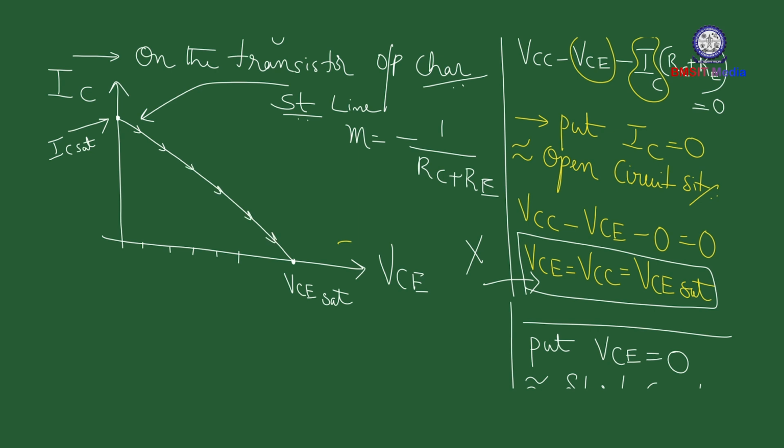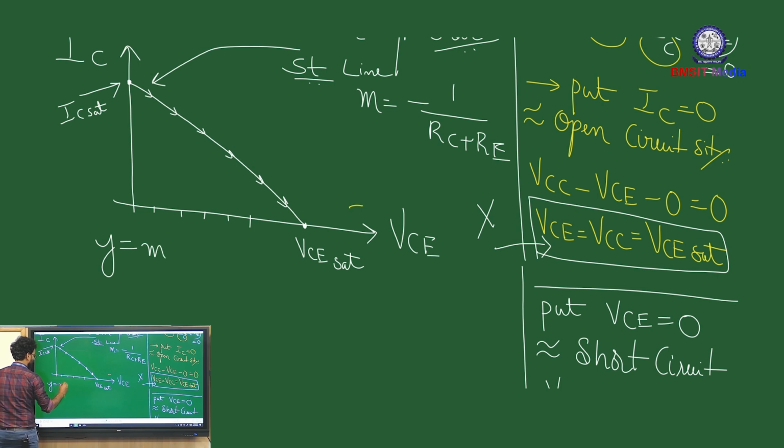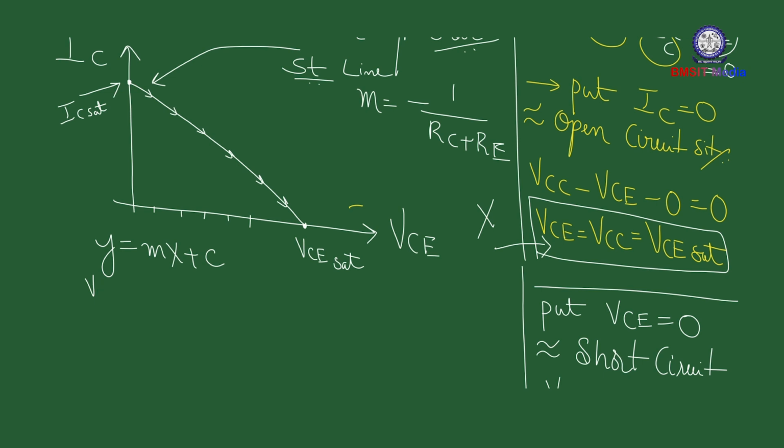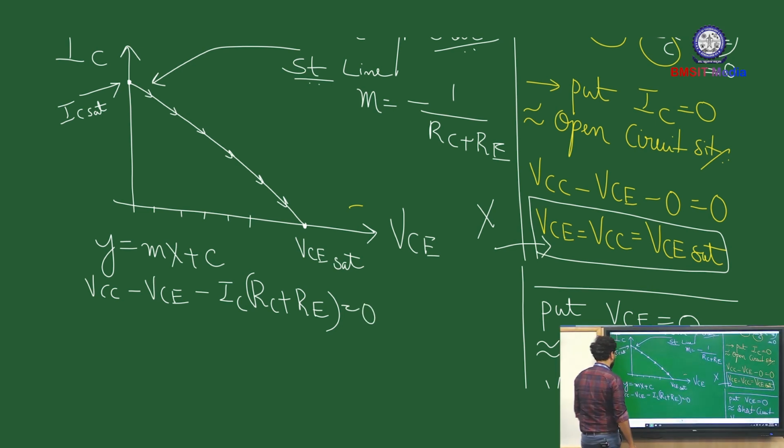That's why the slope, Y is equal to mx plus c, right? And what's your output equation? The output equation is VCC minus VCE minus IC into RC plus RE equal to 0. So what you have to do is separate out the x and y terms.